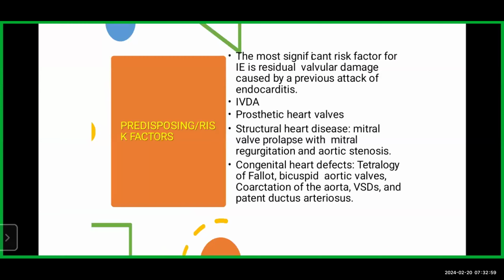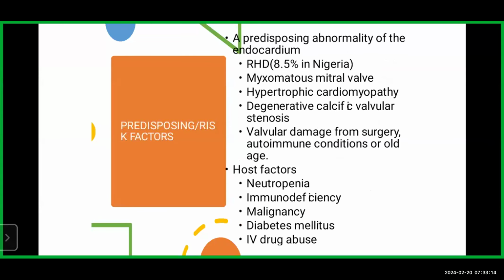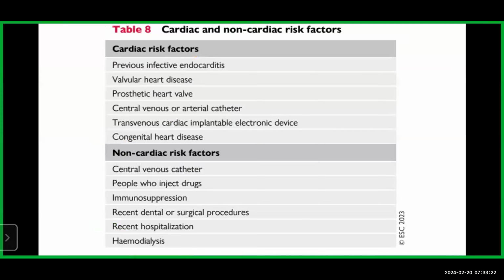So this is important. What are the risk factors? The most significant risk factor is residual valvular damage caused by previous attack of endocarditis. Then there could also be intravenous drug abuse, like we said, prosthetic heart valve, structural heart disease. Then there are also some host factors, things like neutropenia, immunodeficiency, malignancy, diabetes, and intravenous drug abuse.